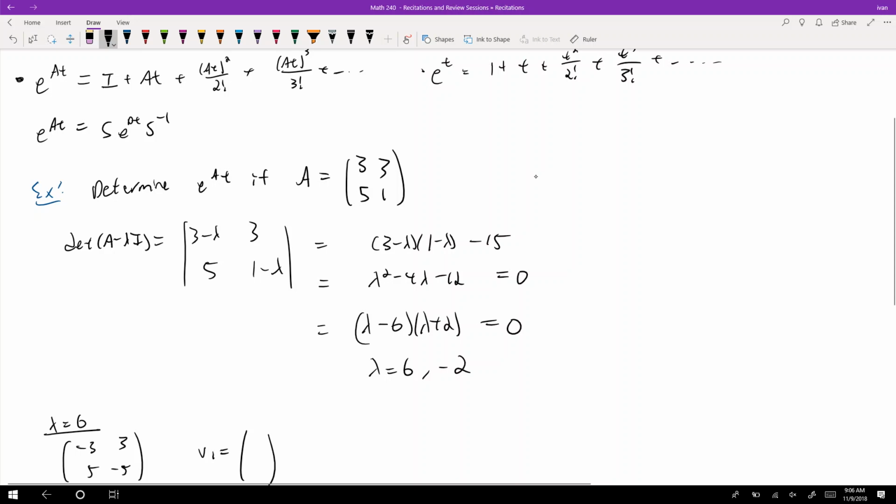Same sign. So that's going to be an eigenvector. Then we can take a look at lambda equal to -2. You'll get [5, 3; 5, 3]. And then for the second eigenvector, they're the same row, so we'll just do -3, 5.